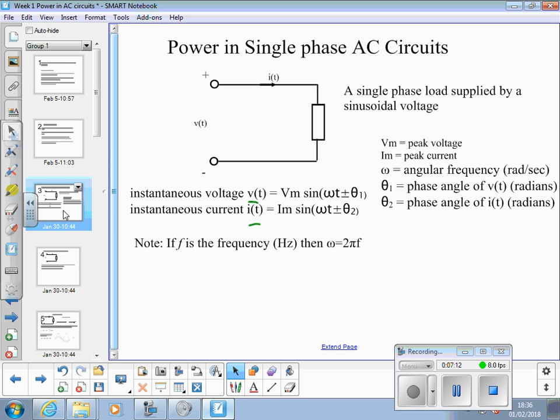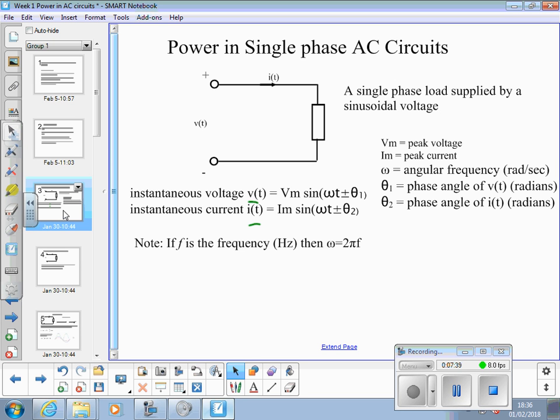Okay, there is the odd time when we want to know what a phase angle is in degrees, we'll need to do a conversion. And then this bit on the end, plus or minus theta 1, that's the phase angle of that, reference to 0 phase. Same with the current, instantaneous value is the maximum or peak current multiplied by the sine of omega t.